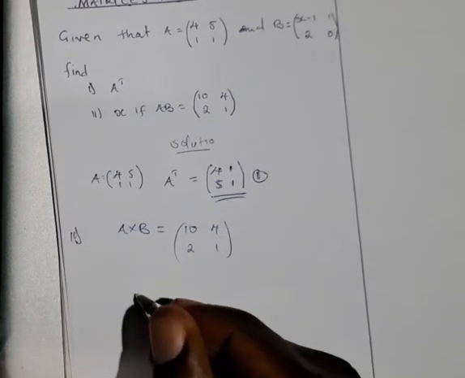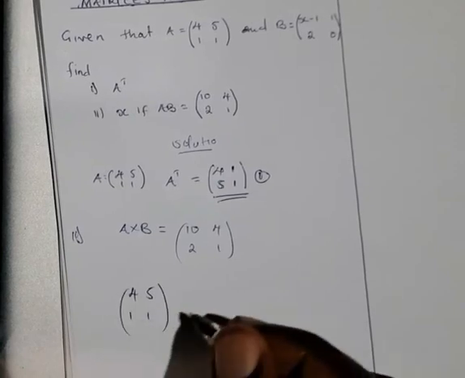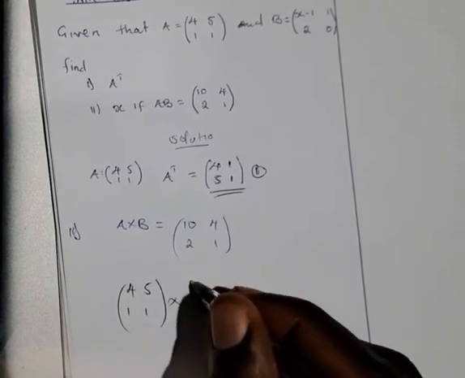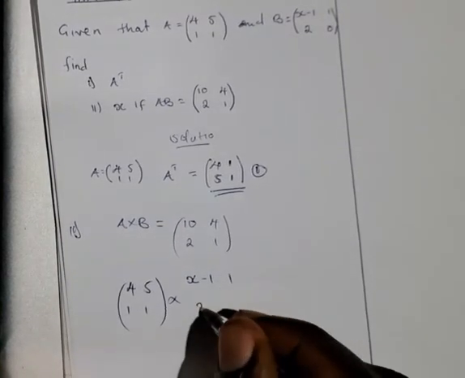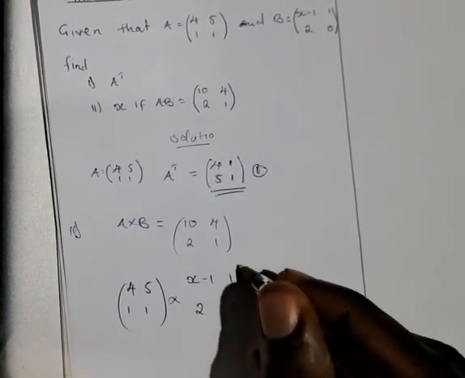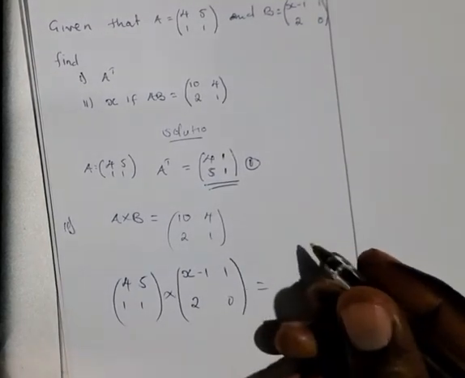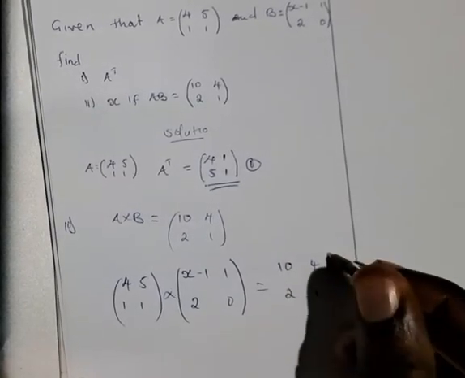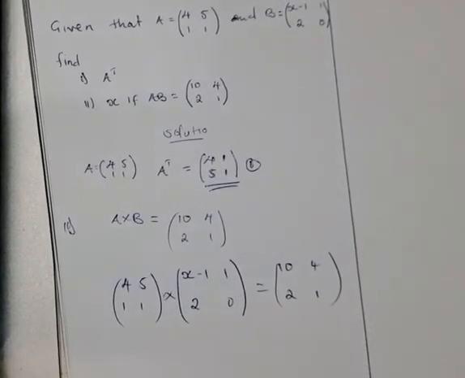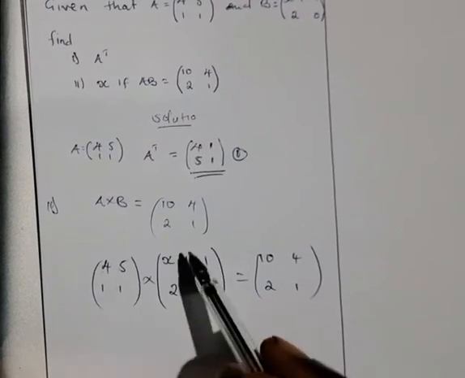Matrix A was 4, 5, then 1, 1, times B, which was x, negative 1, then 1, 2, then 0, is equal to what is the answer we're given, 10, 4, 2, 1, like that. So you know how we multiply matrices, it's always row by column.